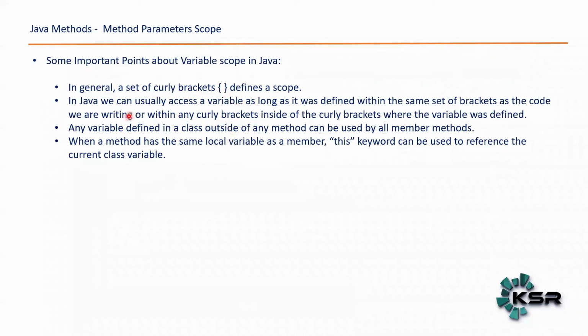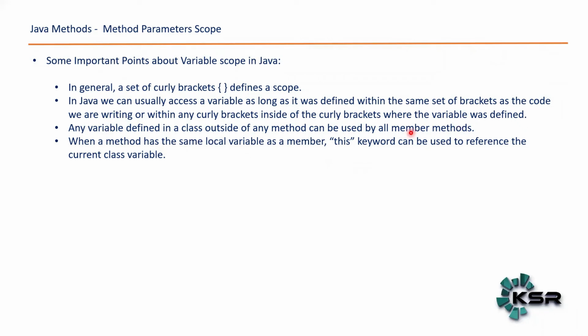In Java, we can usually access a variable as long as it was defined within the same set of brackets as the code we are writing, or within the curly braces where the variable was defined. Any variable defined in a class outside of any method can be used by all member methods. We'll call them member methods.